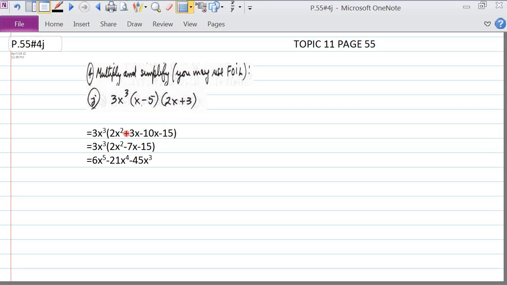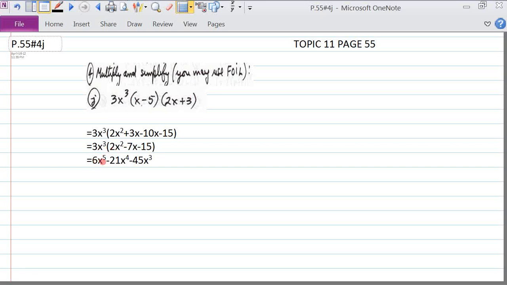We combine the inner and the outer. Plus 3 minus 10x gives us minus 7x. So we've now completed the FOIL method for this. So x minus 5 times 2x plus 3 is 2x squared minus 7x minus 15. Now we're going to use the distributive rule. We're going to multiply 3x cubed times 2x squared.